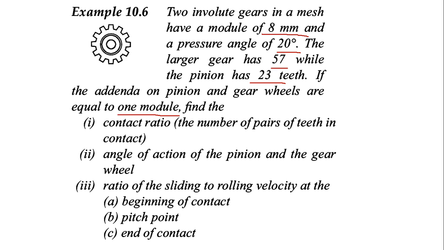So the addendum is nothing but one module. You have to find the contact ratio, then the angle of action of the pinion and the gear wheel, and the ratio of sliding to rolling velocity at the beginning of contact, at the pitch point, and then at the end of contact. Okay, with the given data you can try to solve this.